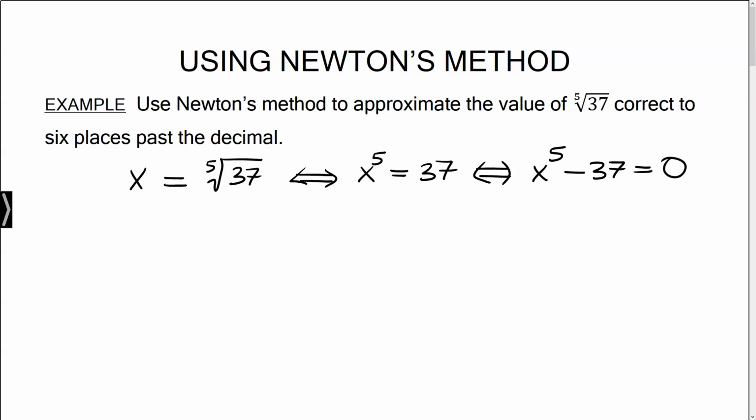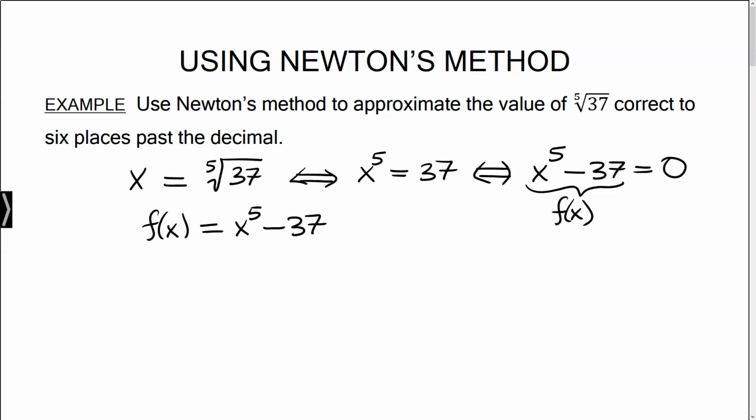So what we're going to see in these 3 problems is that if you're trying to find a solution of an equation, then what you can do is subtract one side of the equation from the other, and you get 0 on the other side. And so you've reduced the problem of solving an equation to finding a 0 of a particular function. So here we could call this, for instance, f of x. So we'll let f of x equal x to the fifth minus 37.